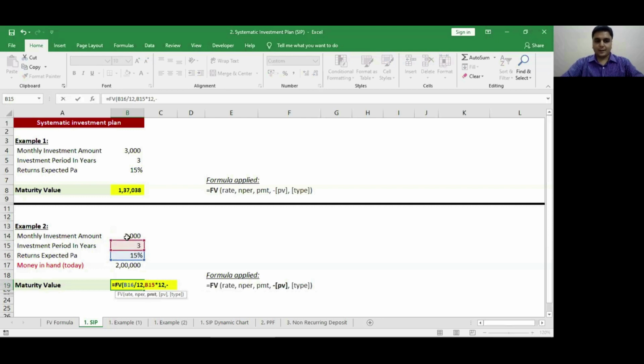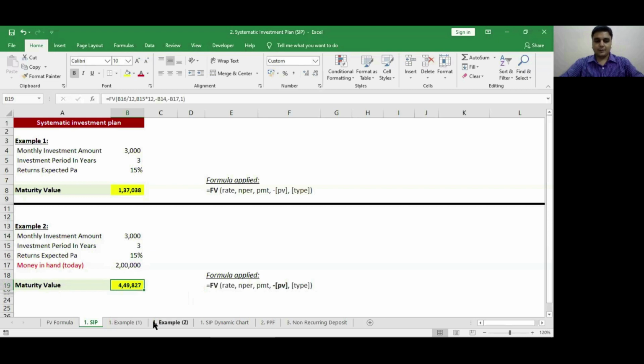Per month will be negative 3,000 rupees, comma. Now it is asking me to input PV. Now again, since this will be my cash outflow, I will apply minus sign, select this value, and I will select beginning of the period. So you will see at the end of 3 years, I will get 4,49,000 rupees as the maturity value.